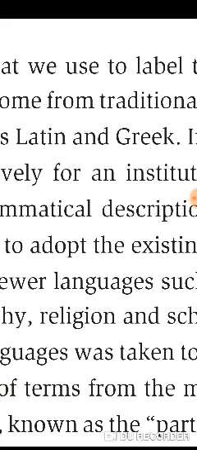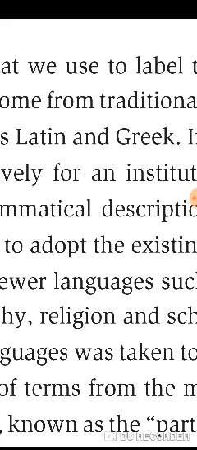Not only English, all other European languages like French, Italian, Spanish, Portuguese, etc., came to use the grammar of Latin and Greek in order to establish their grammars.